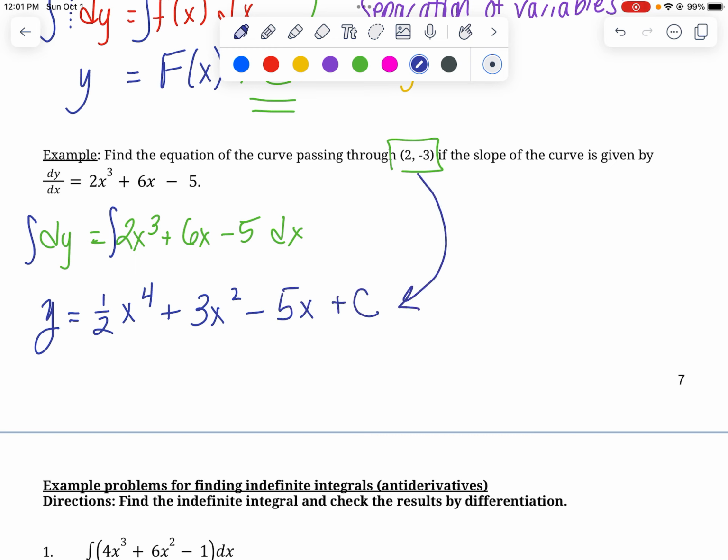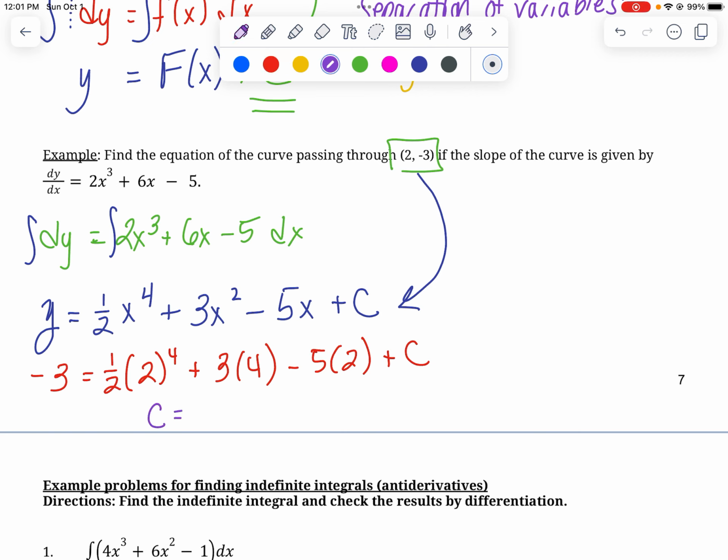Now I can bring this point in and say, well, it is true that if y is -3, x is equal to 2 at that same moment. And that particular point allows me to figure out what that constant is. That's -13.